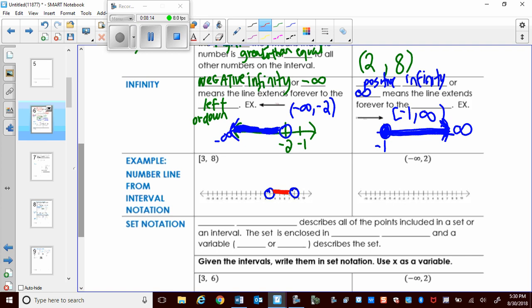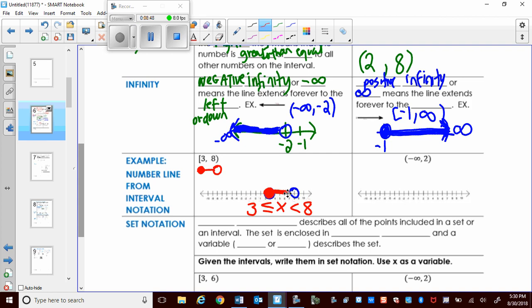So do I fill in 3? Is 3 equal to some of those numbers? Yes. I fill it in. What about 8? Do I fill in 8? No. So my segment looks like that, just briefly, an overview. So 3 is less than or equal to all those numbers, and 8 is greater than all of those numbers in between, all of those x values in between. Okay?